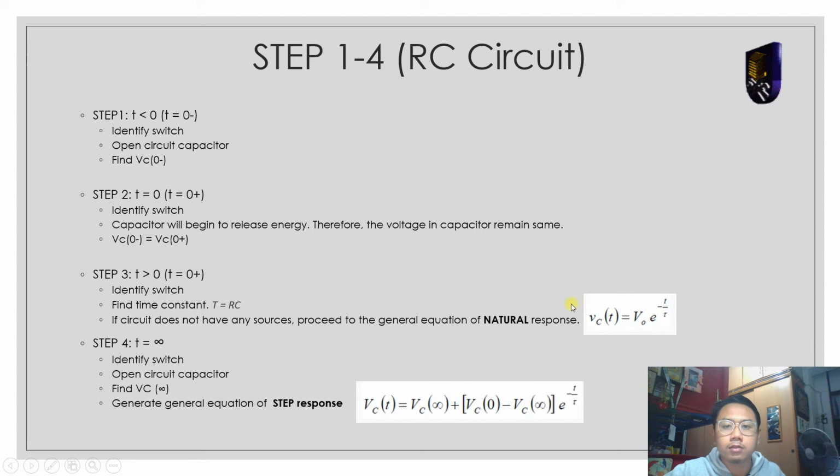If there is a source, either current or voltage, we continue until step 4, which is t equal to infinity. First we need to identify the switch, open circuit the capacitor, and find VC infinity. Then after we get VC infinity, just proceed to generate the general equation of step response.